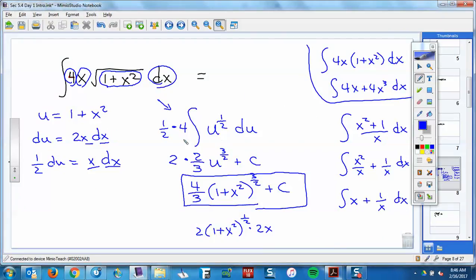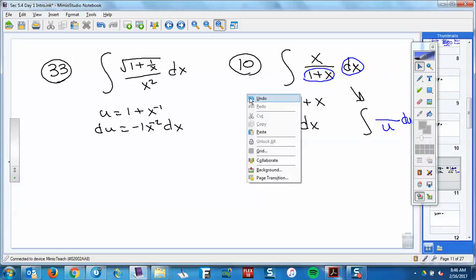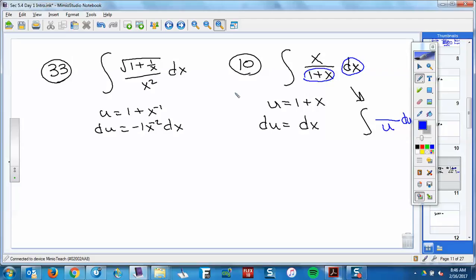Right here, we can subtract a 1 from both sides of this. Did you do that, actually? You did it. That's exactly what you want to do. Okay?